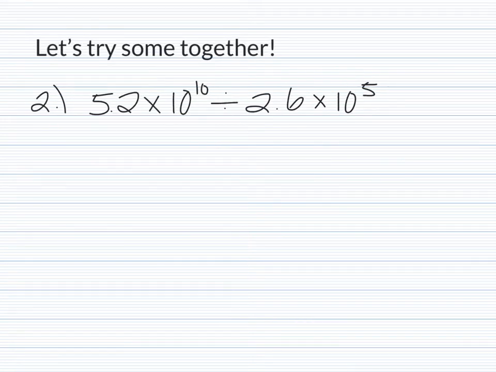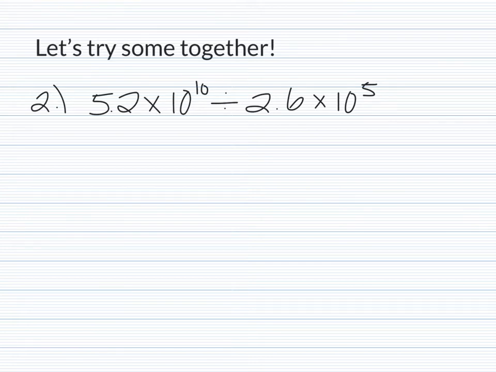The last thing that we're going to do here in this video is go over the second problem here in our second example, which is 5.2 times 10 to the 10th power divided by 2.6 times 10 to the 5th power. And once again, we're going to rewrite this so that we definitely can see the division and that we can apply the 3 steps that we want to do in order to answer these questions.